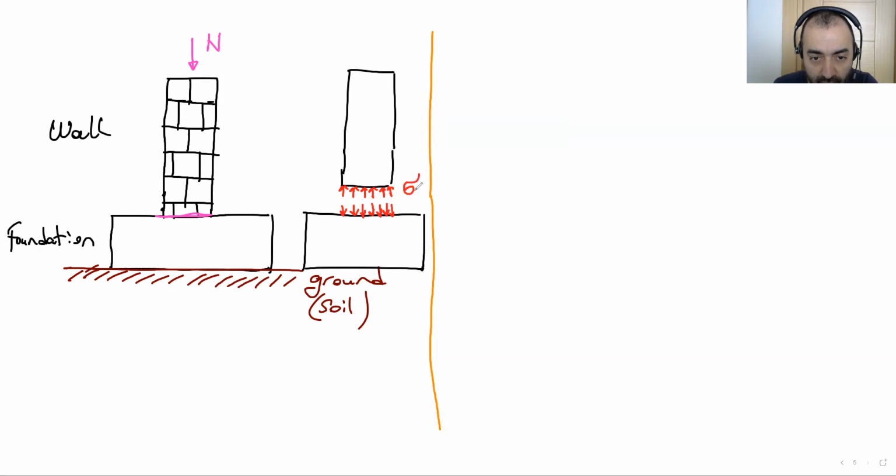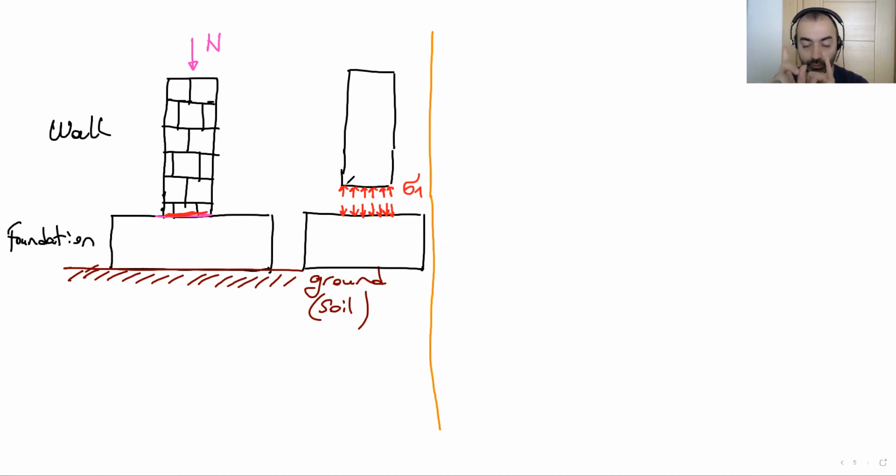and this is sigma 1. So when we apply this axial stress, there will be stress on this surface. So we're going to transfer the stress to the foundation. So the first rule is our wall has a small area than foundation.